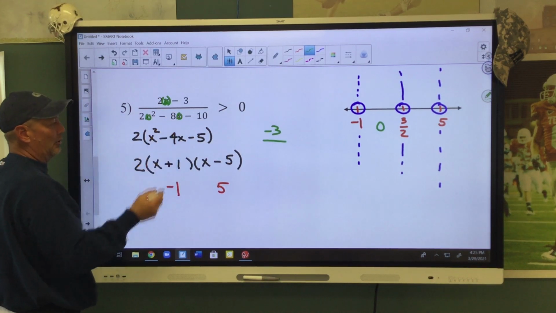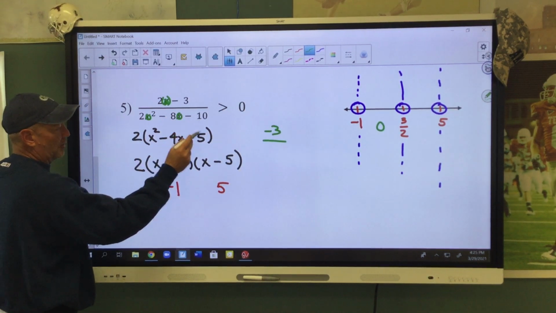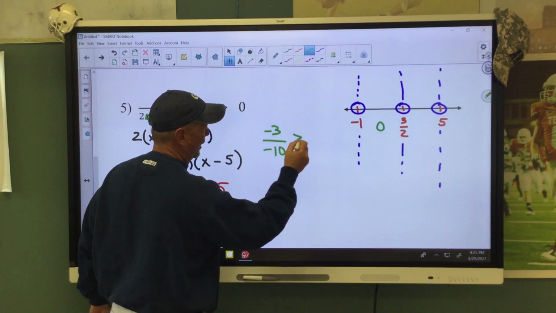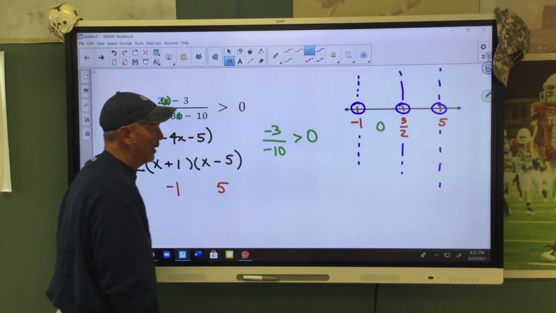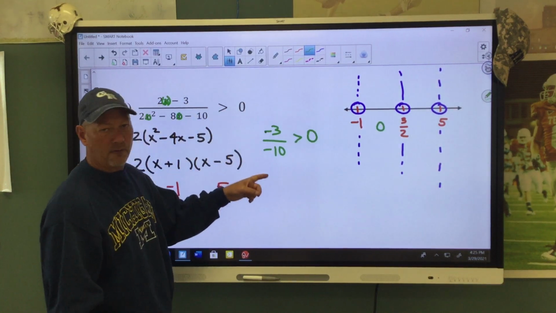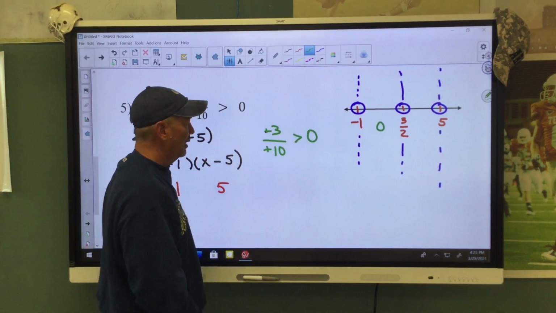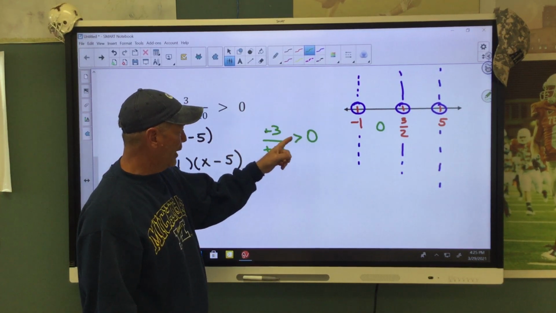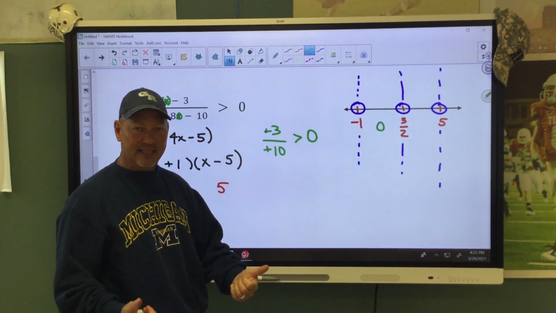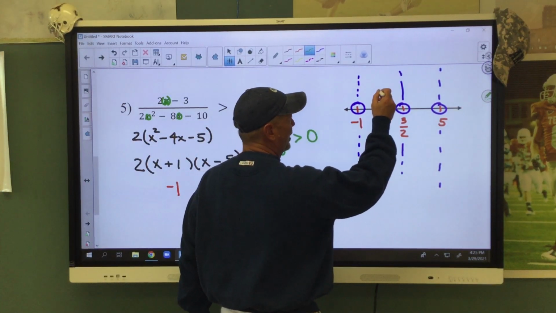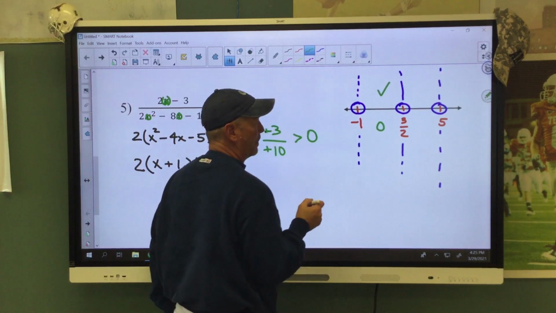Negative 8 times 0 is 0. That's going to leave us just with a negative 10. Greater than 0. Again, a negative divided by a negative is a positive. So is a positive number greater than 0? And we're going to say yes, it is. So when I substitute it in, this made a true statement.